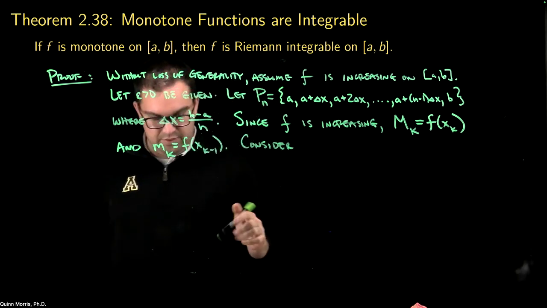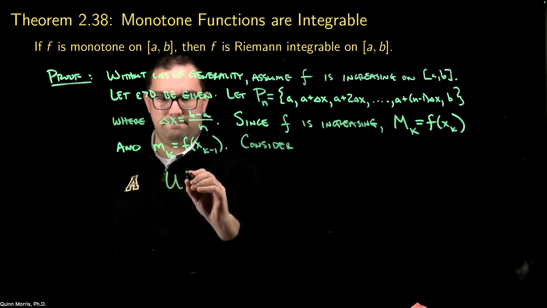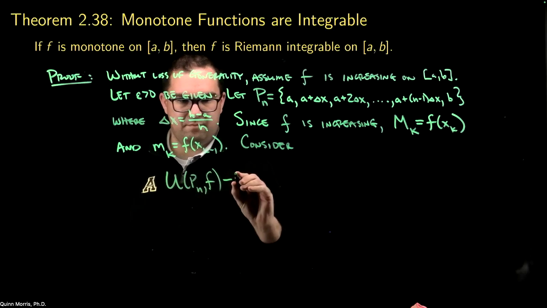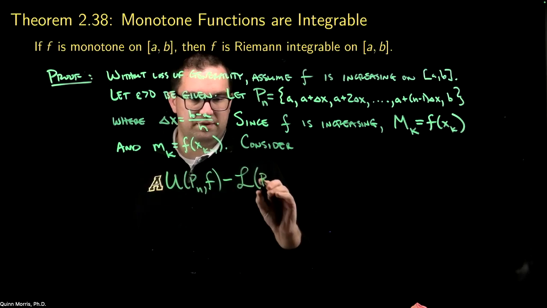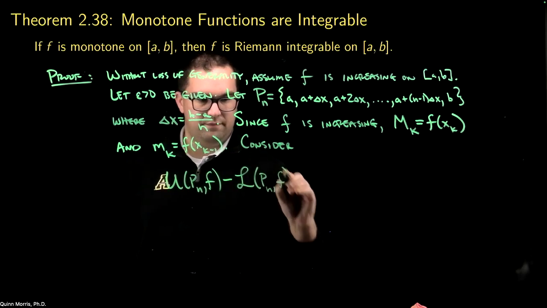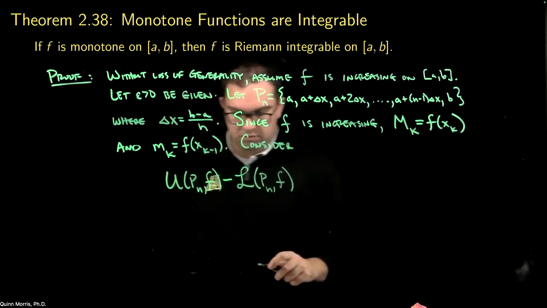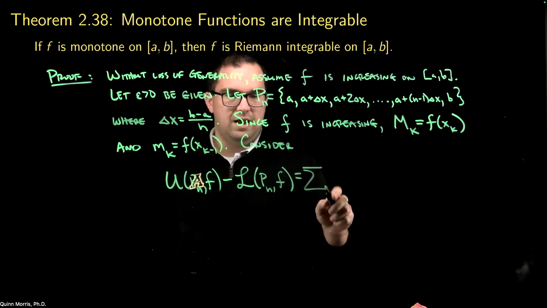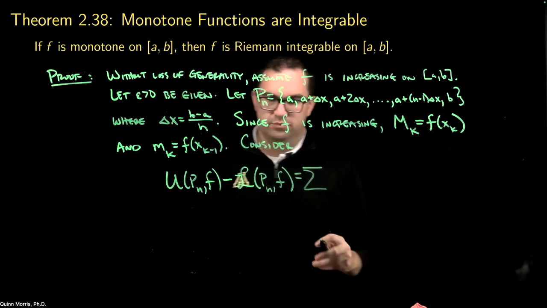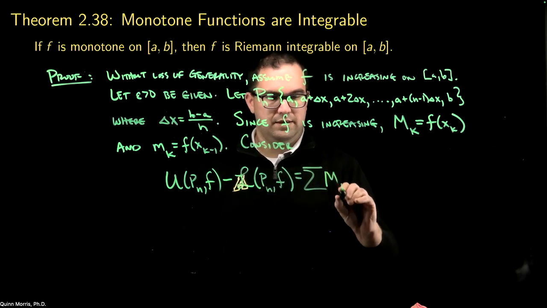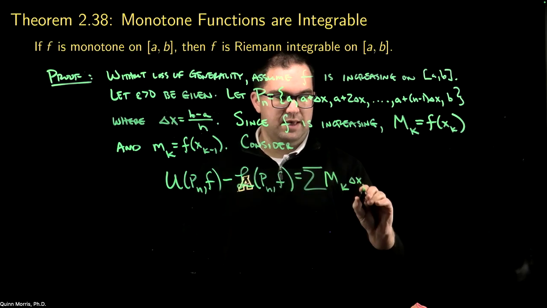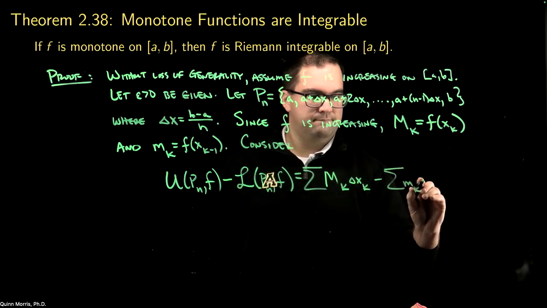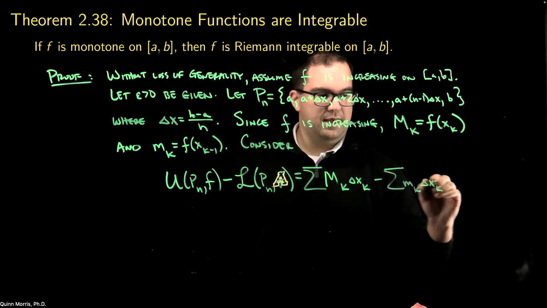So if I consider then the upper sum of P sub n and f minus the lower sum of P sub n and f, what is this going to be equal to? So this is going to be the sum, k equals 1 to n, of capital M sub k delta x sub k minus the sum of little m sub k delta x sub k.